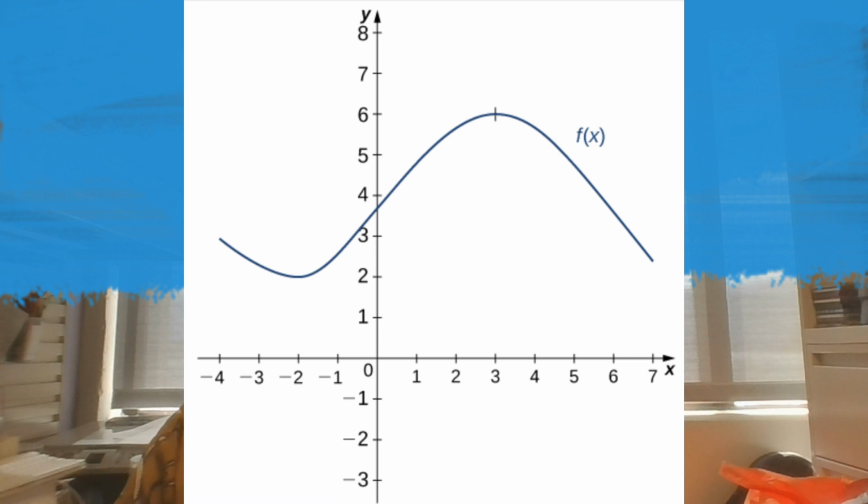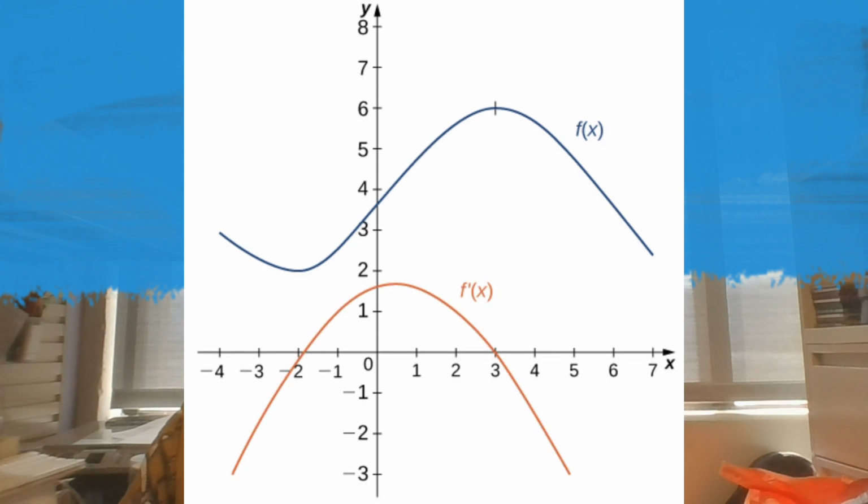Whereas if we take a look to the left of -2 and to the right of +3, we see that the graph from left to right is going downward, and the downward slope will give us a negative value for our derivative. If you were to graph its derivative, it'll look something like this, where around -2 your derivative hits the axis, and at +3 your derivative hits the x-axis. Between -2 and 3 your graph is increasing, and therefore your derivative will be above the x-axis, because increasing is positive.